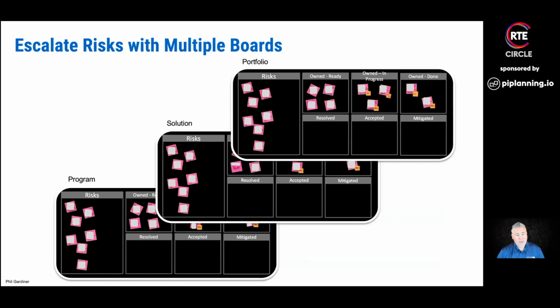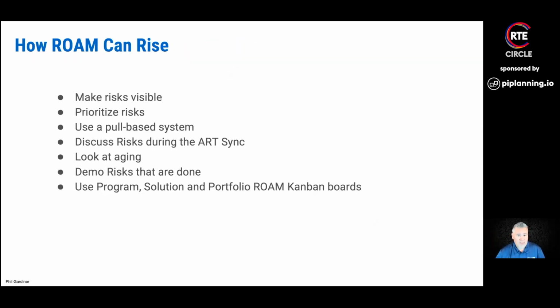Instead of having three directors on three ARTs chasing down the same thing, we've got an assistant vice president, associate vice president, or VP who's got this on their radar and has taken ownership at a solution level or a portfolio level.